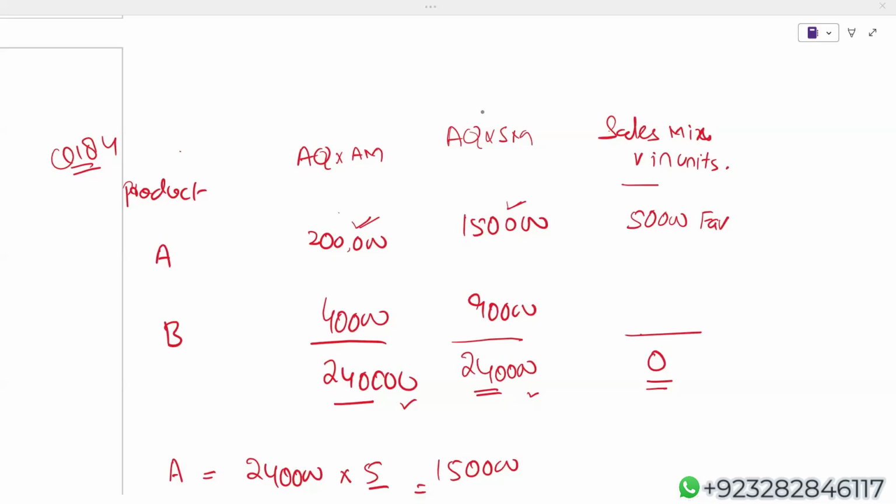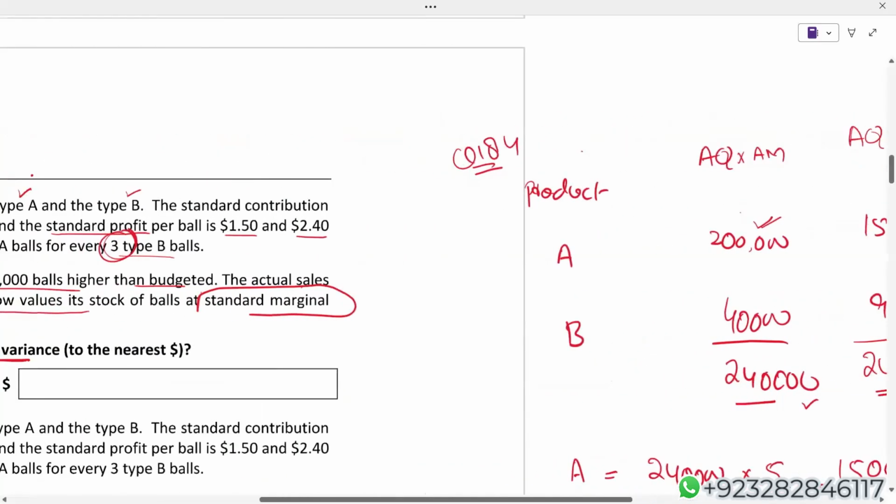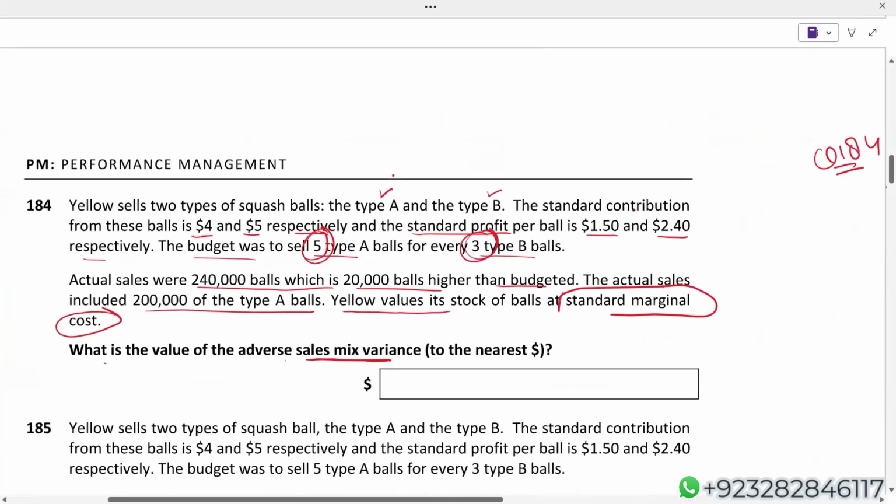We have mixed less. So adverse. Standard contribution per unit: the standard contribution is type A is 4, B is 5.